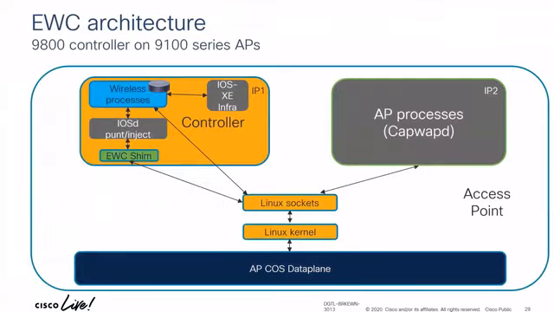On a quick note on the EWC architecture, as I said, it's implemented as a container. Now, this is a very low scale deployment, right? So it's not going to have as many wireless processes as we talked about. Obviously, it doesn't have as many WNCD instances. It doesn't need it to support the scale that it does support. So on the EWC, we only have one WNCD.